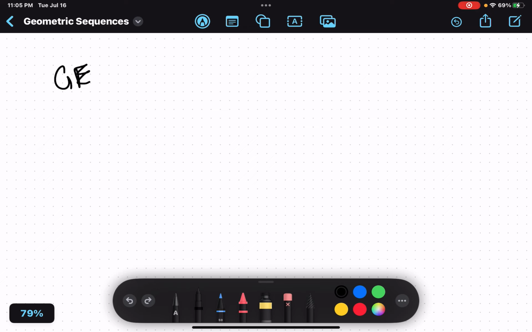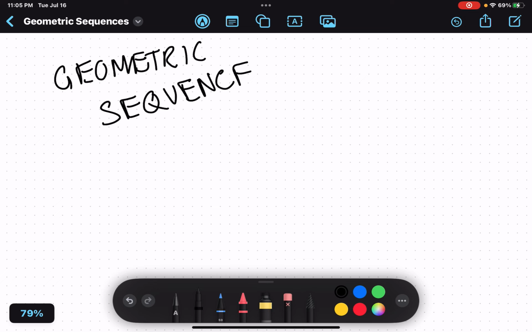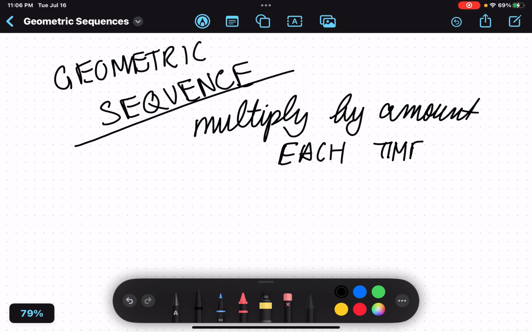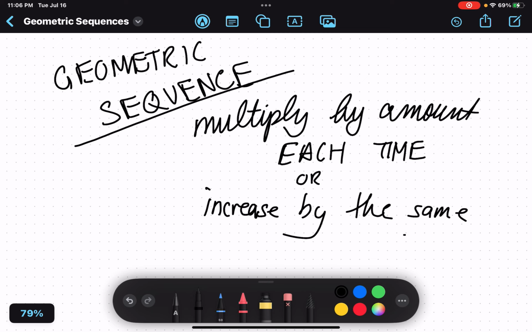A geometric sequence: you multiply, like I said, by the same amount each time, or you increase by the same rate.